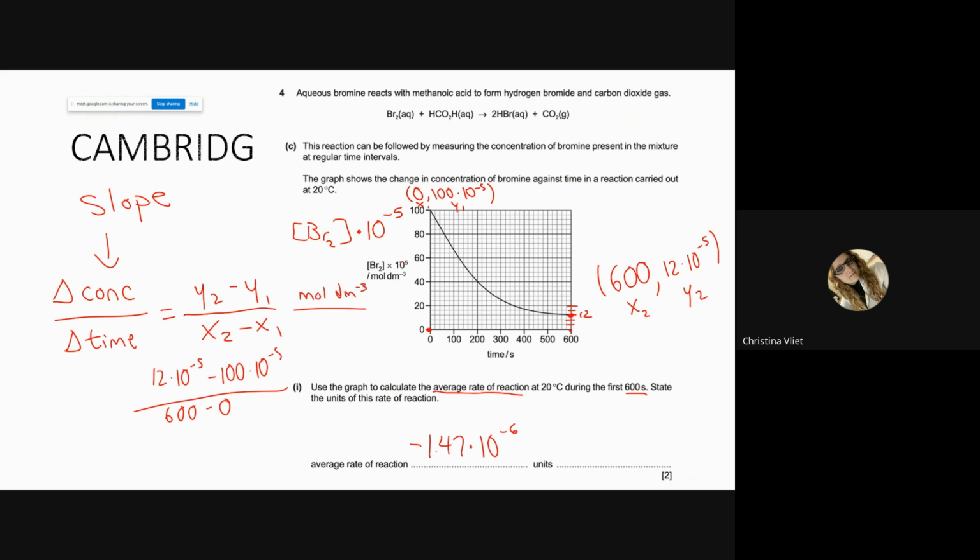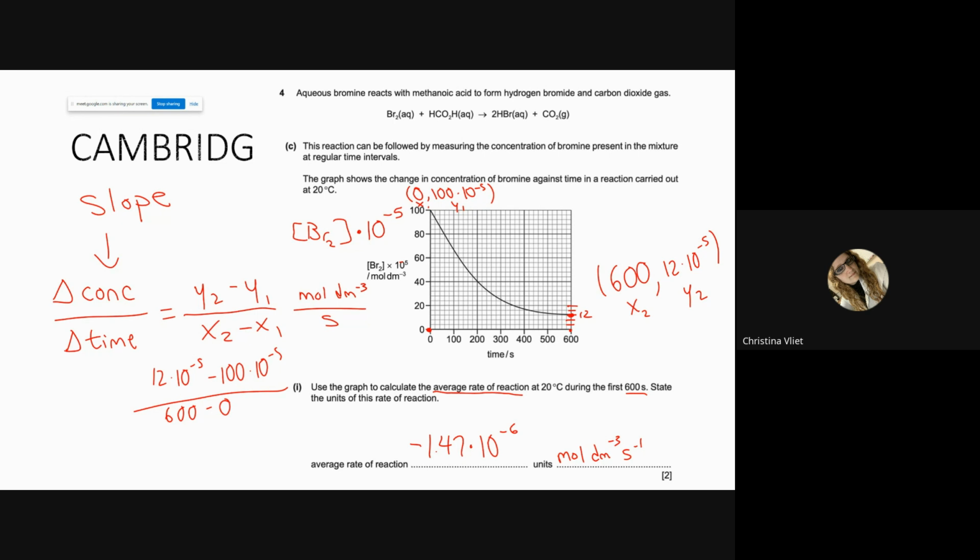This is seconds. What are the units? Mole dm minus 3 s minus 1. They're always the same, actually. Changing concentration over changing time. When the s comes to the top, you give it s minus 1. This is totally fine.